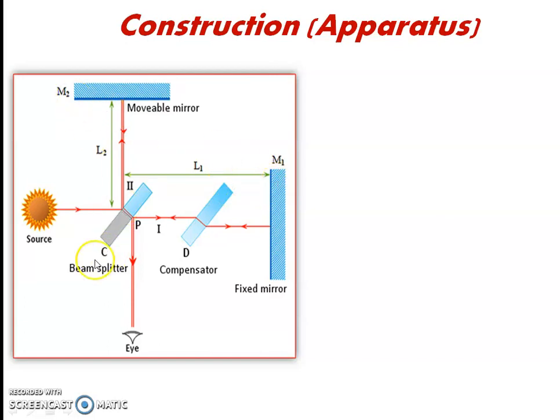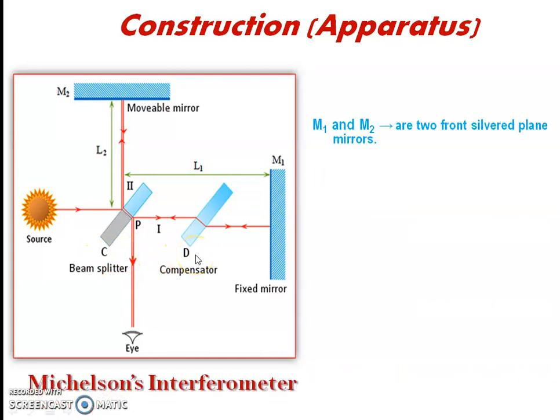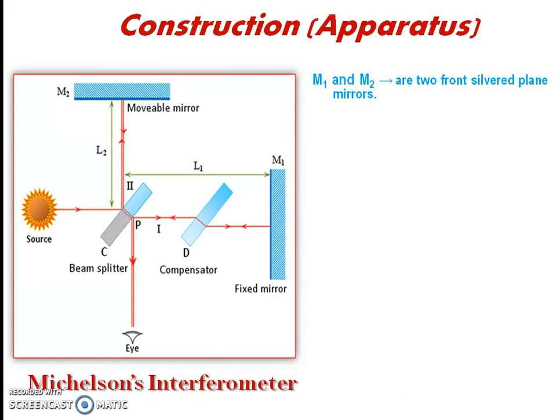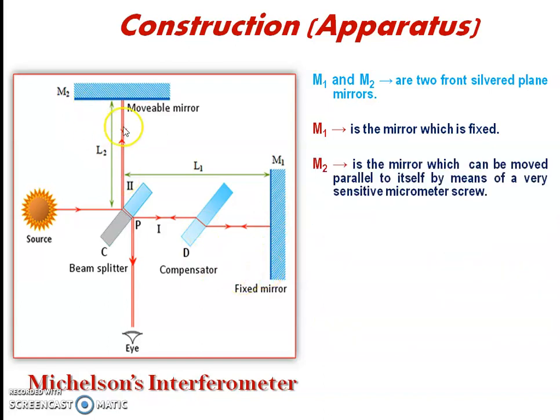There are two glass plates, C and D. Therefore, there are two mirrors, M1 and M2, front silver plane mirrors. M1 is the mirror which is fixed, whereas M2 is the mirror which can be moved parallel to itself by means of a very sensitive micrometer screw, which we call the movable mirror.